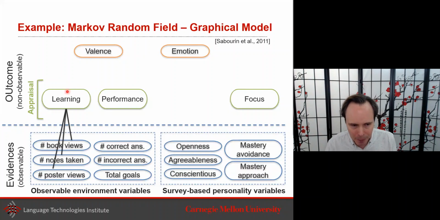But the difference here is that it's not directional, it's both ways. What it means is it's not like P of H, P of X given H, modeled with this kind of link here. What I will model here is, let's say learning is binary, either high or low, what is the potential of high learning and a high number of books that I viewed?